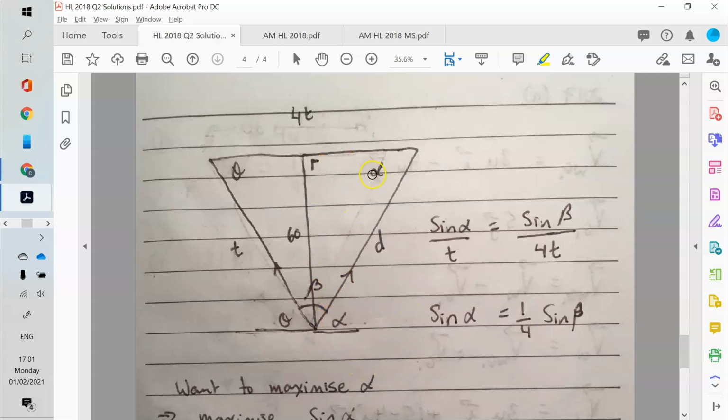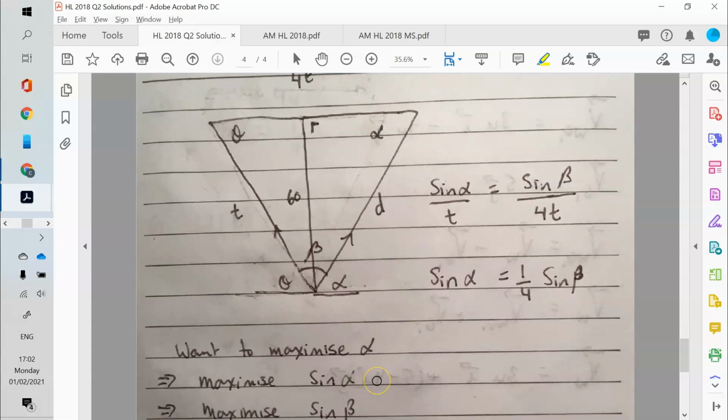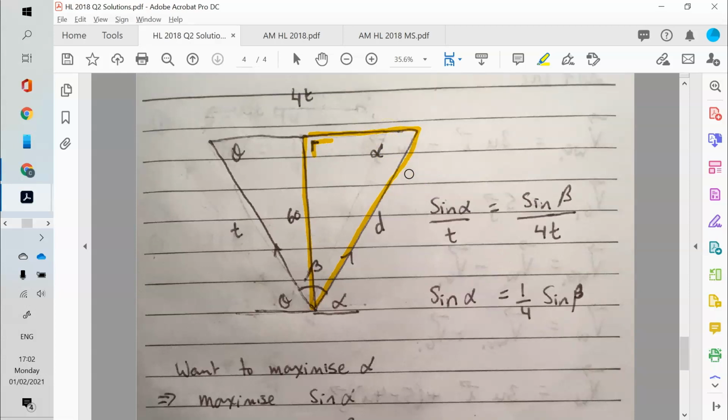So if we want to maximize alpha, we need to also then maximize sine alpha. And if I use this right angle triangle that I've marked in here, that we have alpha in this triangle, and we've a perpendicular distance across. So we can say that sine of alpha is given by 60 over d.